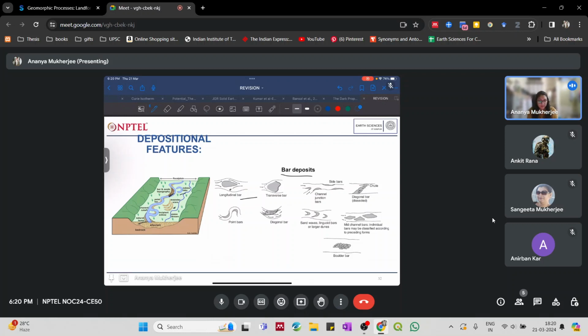There are different kinds of bars related to the position of their formation. The point bars over here you can see, and these are longitudinal bars that form in between the channels.